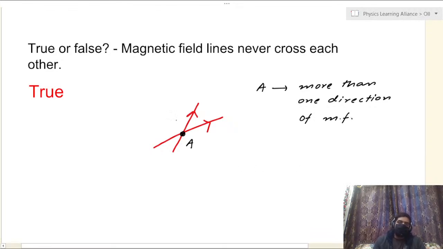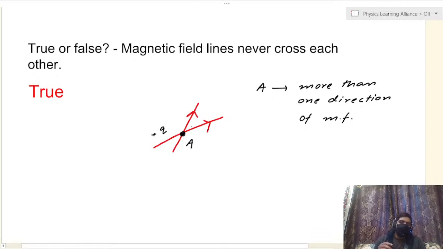So that would mean, let's say if you have a positive charge over here, let's call it plus Q, and you place that positive charge over here at the small black dot, then the positive charge would move in this direction and at the same time in this direction, which is practically not possible.